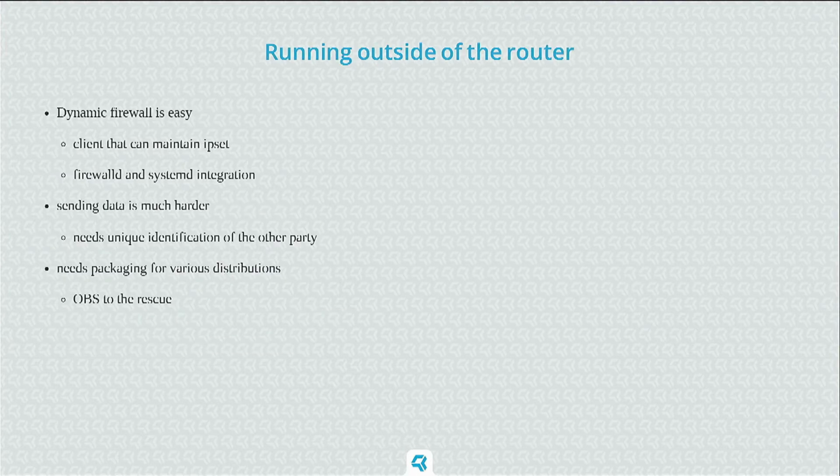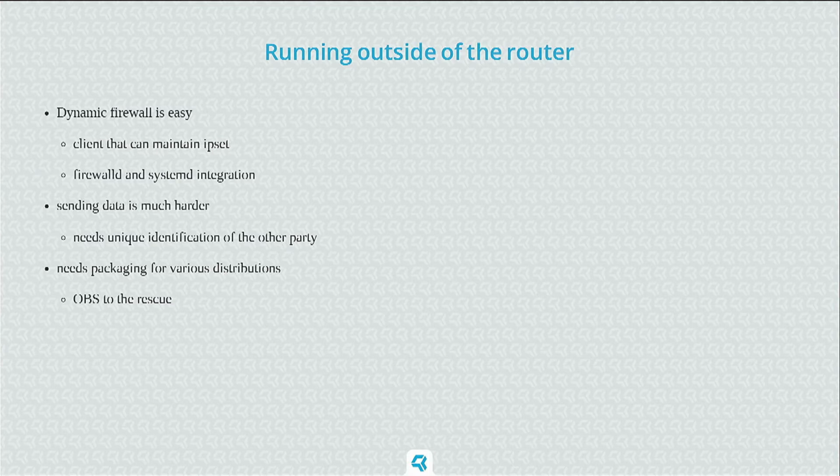Now, we have this system running for several years. I think we are close to 10 now, but we were running it only on our routers. One motivation is that it's hard to figure out how to do it without knowing the source of the data.